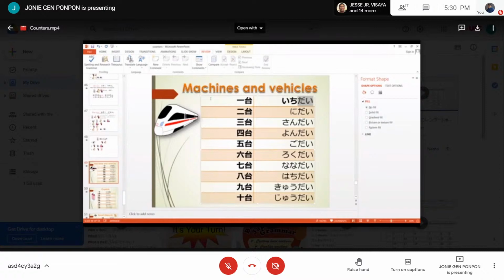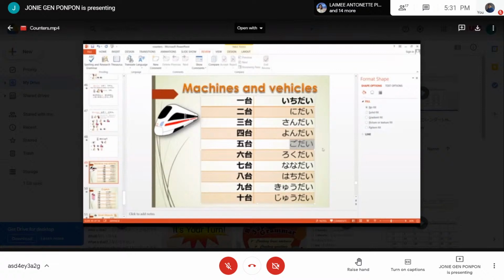You will answer that if there is one car, that is ichidai. Okay? Then for 2 cars, nidai. 3 cars, sandai. Then for 4 cars, yondai.